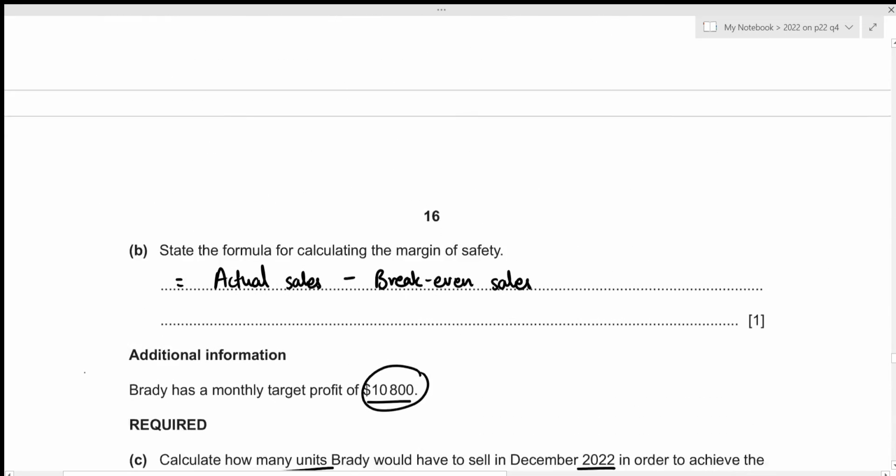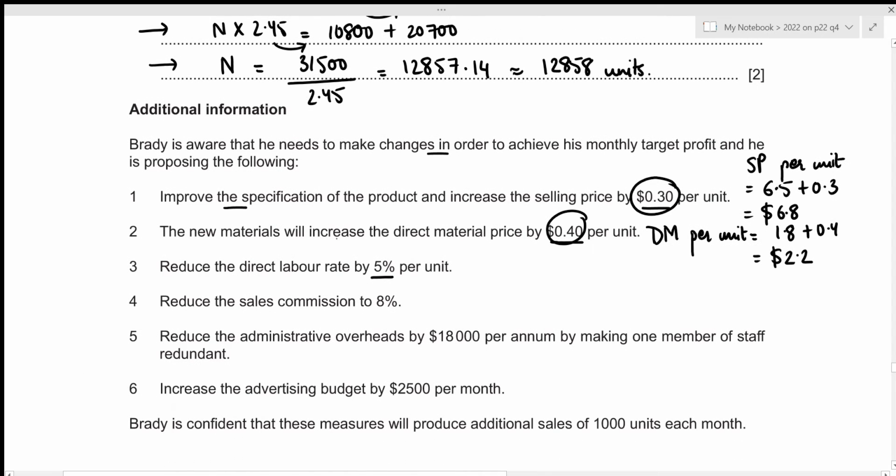Now we need to reduce it by 5%. So the new direct labor per unit is going to be the previous amount of 1.2 times 1 minus 5%, which we can write down as 0.05, which results in the new direct labor per unit having the value of 1.14.